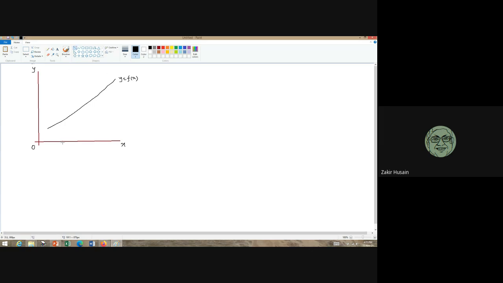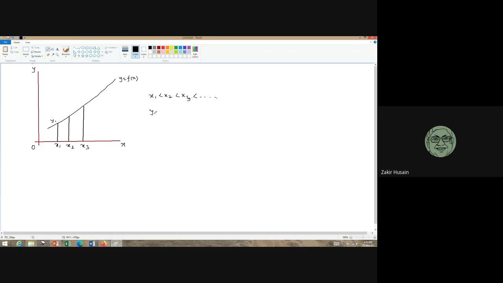Suppose we take different values of x: x1, x2, x3, with x1 less than x2 less than x3, and we can take other points also.